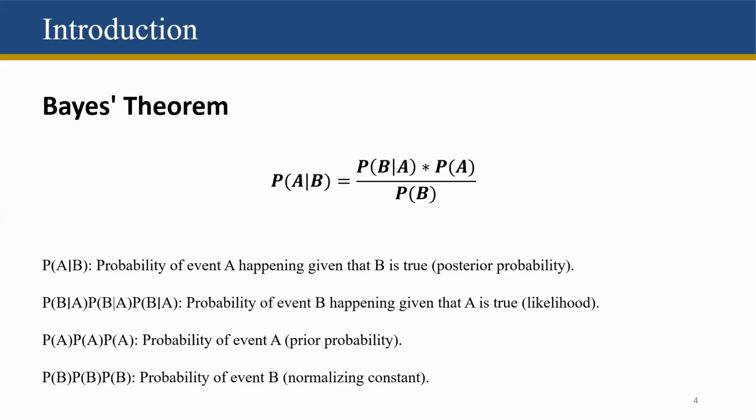Because at the end of the day, the probability is not always going to be 100%; there's always some margin, maybe 0.5 or 0.7. And the probability of A, or P(A), is the prior probability of event A, and P(B) is the probability of event B.